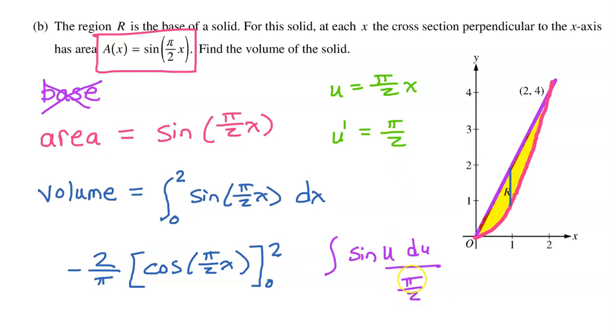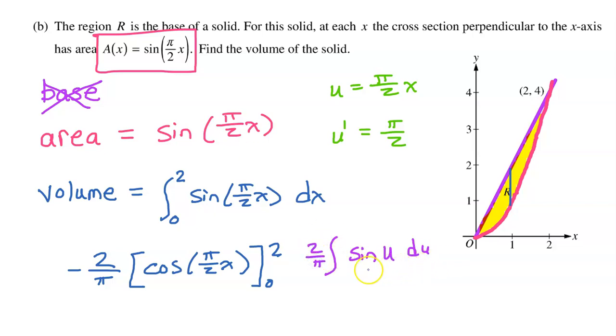And again, dividing by pi over 2 is the same thing as multiplying by 2 over pi. So I can take this pi over 2 in the denominator and put it out in the front as 2 over pi.